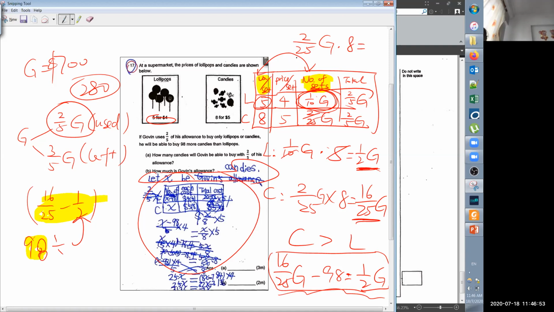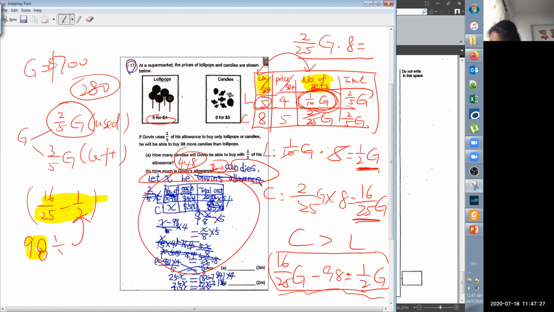Can you help me out? 2 out of 25. Yep, 448. So it's 448 candies. And Govin's allowance is 700. So you answered 2 questions.